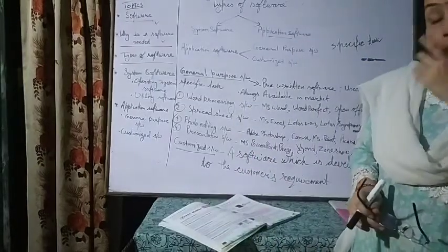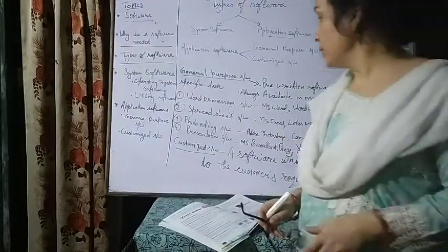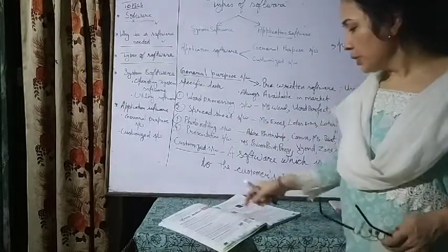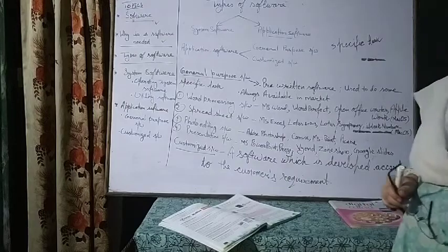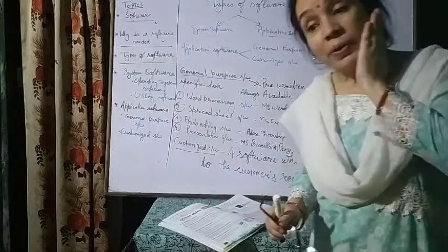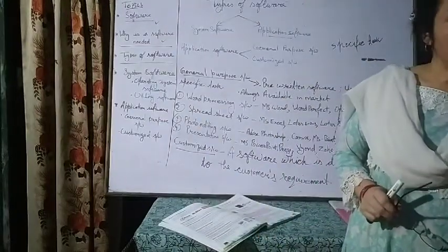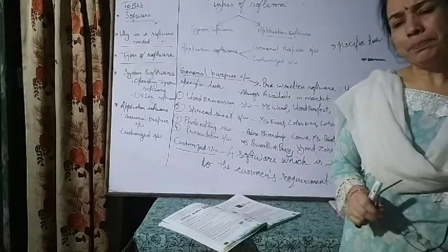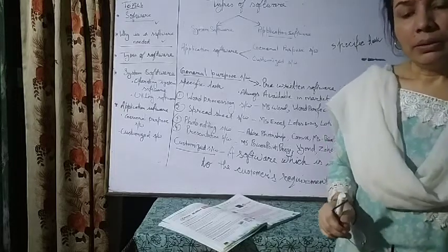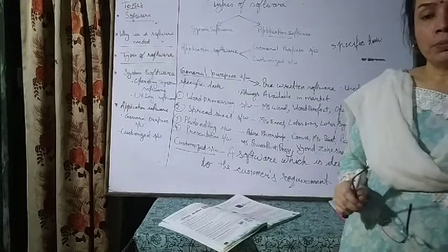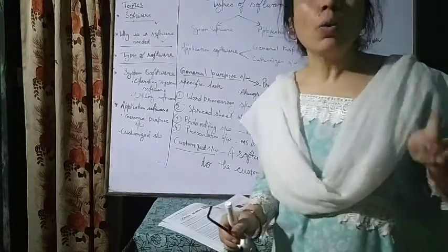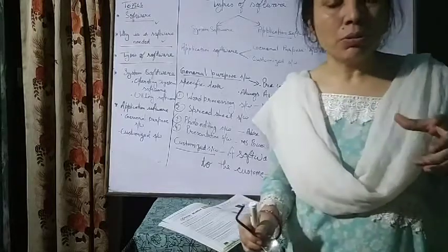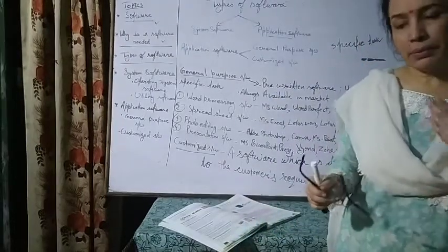General purpose software. Next one is spreadsheet software. It is given in your book. Spreadsheet software are the special ones used to analyze numerical data. As I told you before, generally it is used by accountants. They have to make accounts, ledgers.